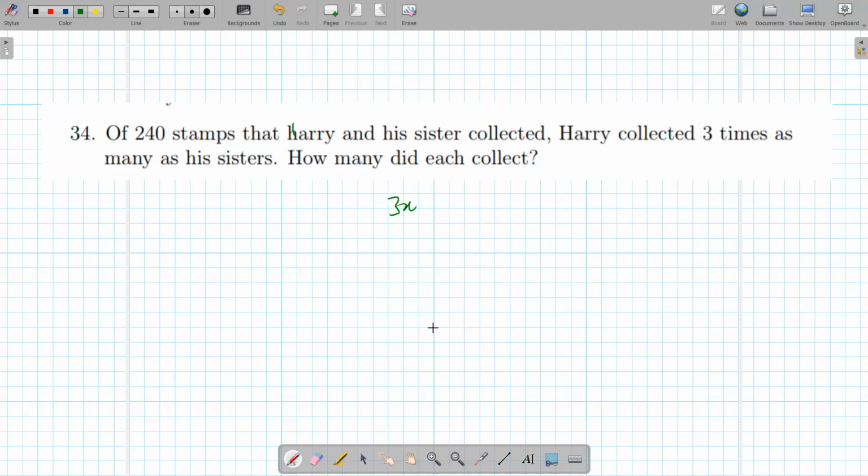What about the sister? Just x. Combined means you add them up, equals 240. 4x equals 240, x is 60. So the sister collected 60 and Harry collected 3 times 60, which is 180.